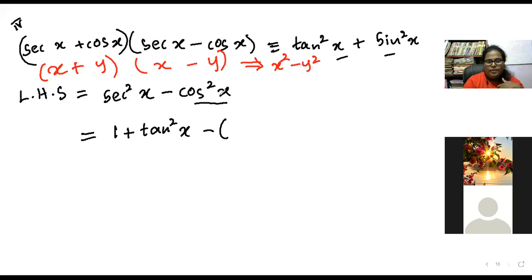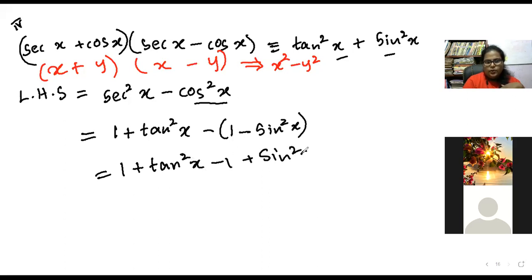So we can replace this cos square x like 1 minus sine square x. So we can remove the brackets here: 1 plus tan square x minus 1 plus sine square x. So we can remove this plus 1 and minus 1. So it is equals to tan square x plus sine square x.